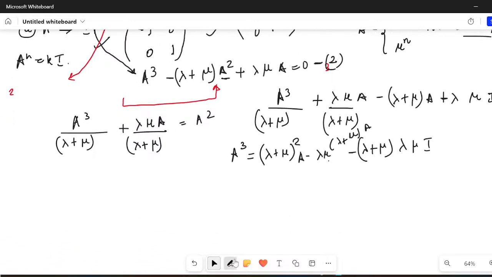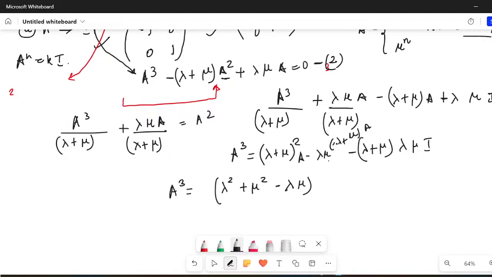So I can write that my A cube is equal to lambda square plus mu square, and then I will have a minus of lambda mu, right?